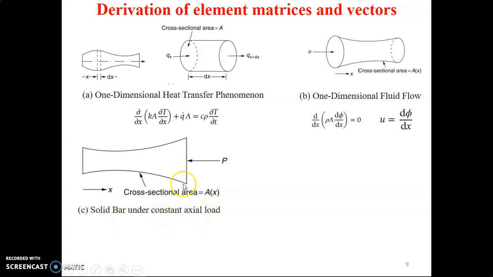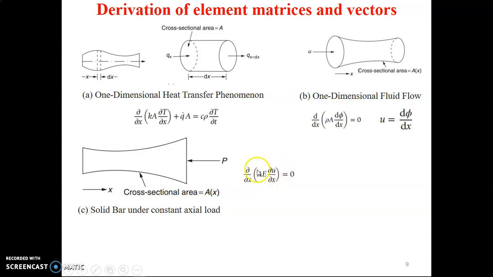Again the cross-sectional area of the bar is varying, and P is the load applied at one end or one face of the bar. The differential equation for a differential element is as follows. ∂u/∂x represents the strain at a particular cross section, and when it is multiplied by E, the Young's modulus of the material, it represents the stress.